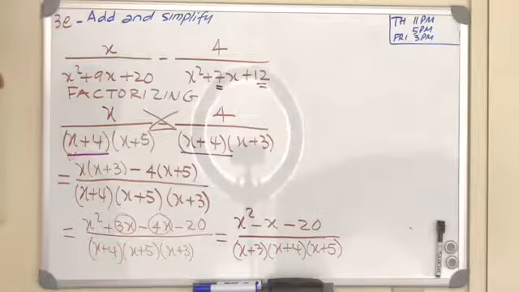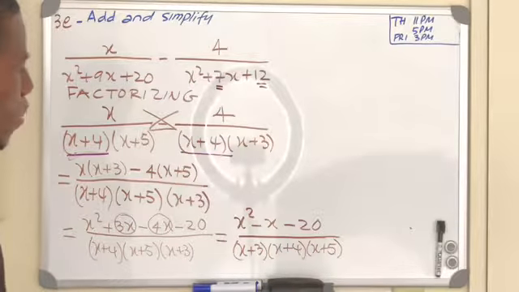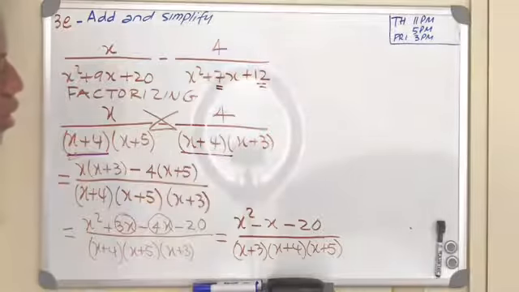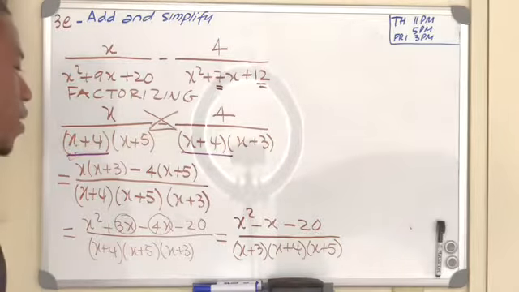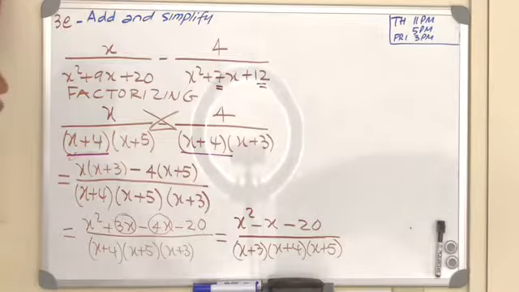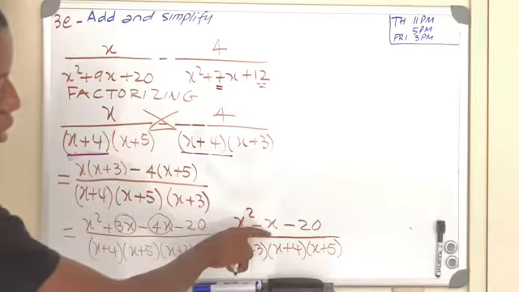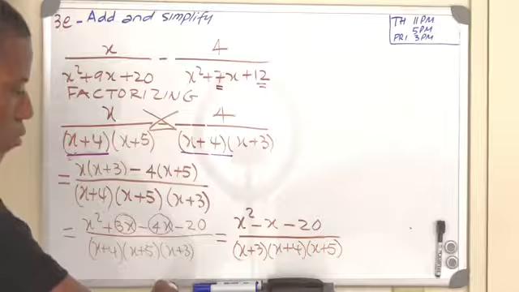Okay, so again, is there any way I can simplify the denominator? I can factorize the numerator, to see if I get any of x plus 3, x plus 4, x plus 5 so I can simplify.